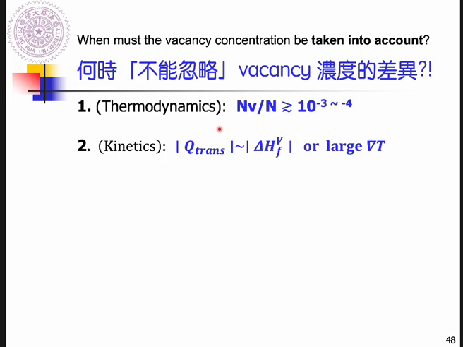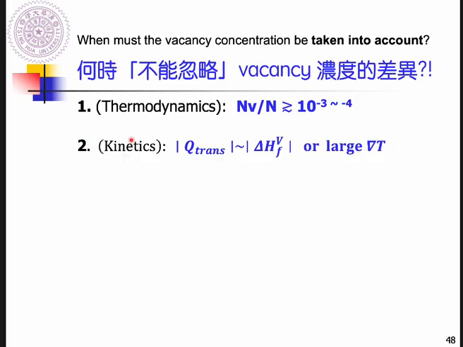So there are two typical cases here. The first one is in thermodynamics: when the vacancy concentration, or fraction of vacancy, is around 10^-3 to 10^-4, then you cannot ignore the vacancy effect or vacancy mediated effect.